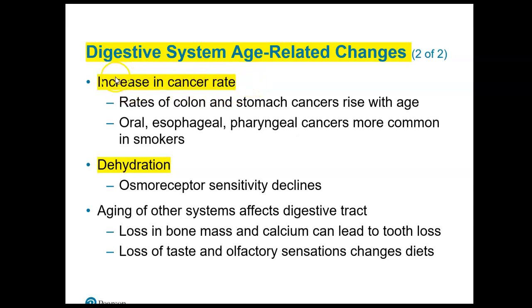For right now, just know that the cancer rate increases in the elderly, and dehydration increases in the elderly, because the sensitivity of the receptors for water declines, so they don't absorb as much water as they should. So they're going to have problems with constipation, but also with diarrhea. So problems with all body systems as we get older. But these are just a few of the problems with the digestive system.